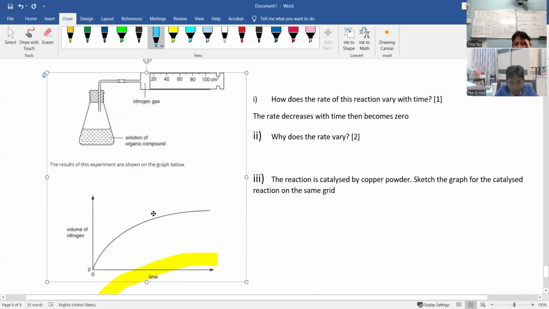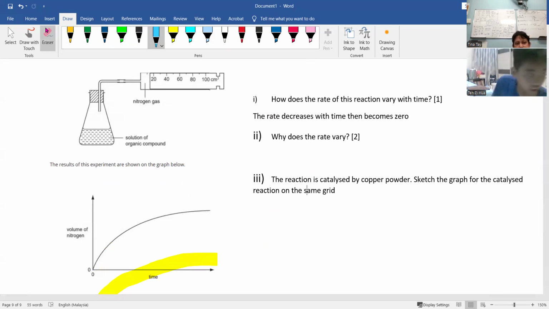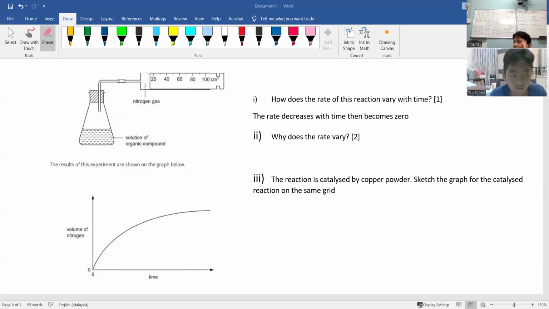Why in one reaction will the rate decrease? Which factor do you talk about? The kinetic energy will slowly decrease.